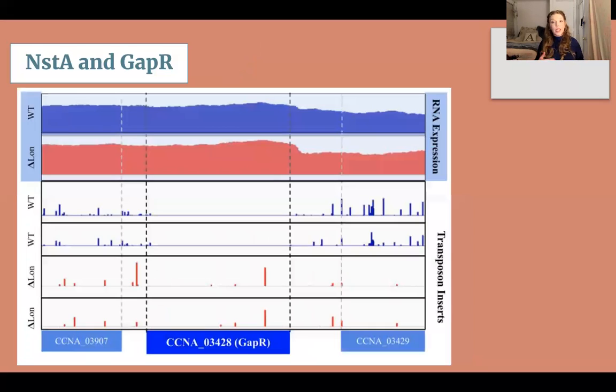On the other hand, with GapR, we're again seeing somewhat of an upregulation of RNA expression. We really don't know; we have to look at some statistical data for that. But more importantly, we're seeing insertions, meaning that GapR could not be produced in a delta lon, saying that the activation property of topo4 is not needed in a delta lon cell, which is pretty interesting.